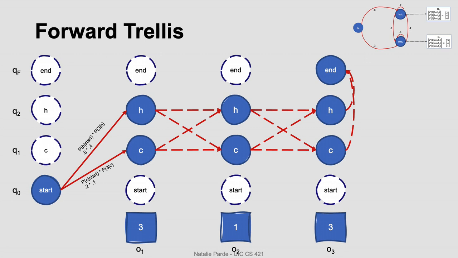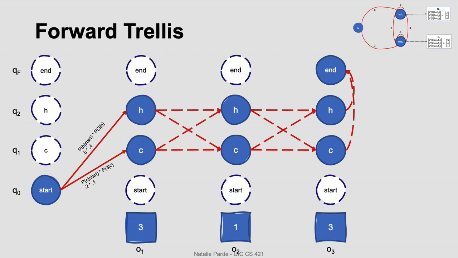So we'll start out, and the first thing we need to do is compute the forward probabilities for both H and C at time 1, where we observe that Jason ate 3 ice cream cones. To do that, following the algorithm we saw a couple slides ago, we'll multiply the transition probability from start to H, which is 0.8 according to our HMM, times the observation likelihood of eating 3 ice cream cones given that it's hot, which is 0.4.